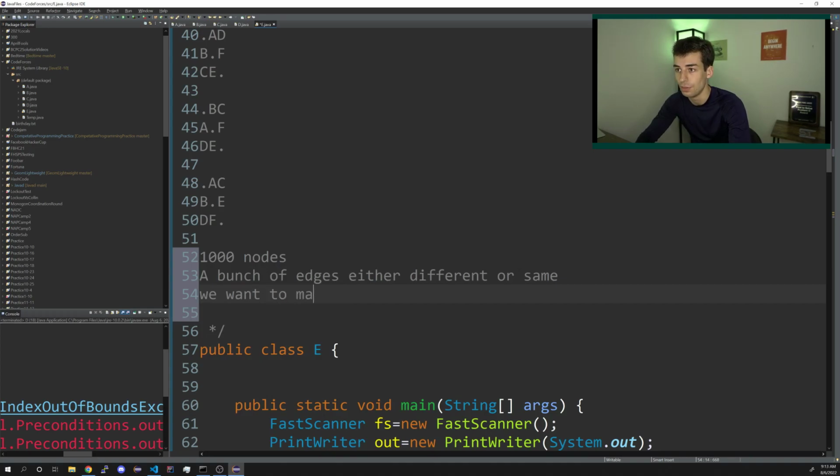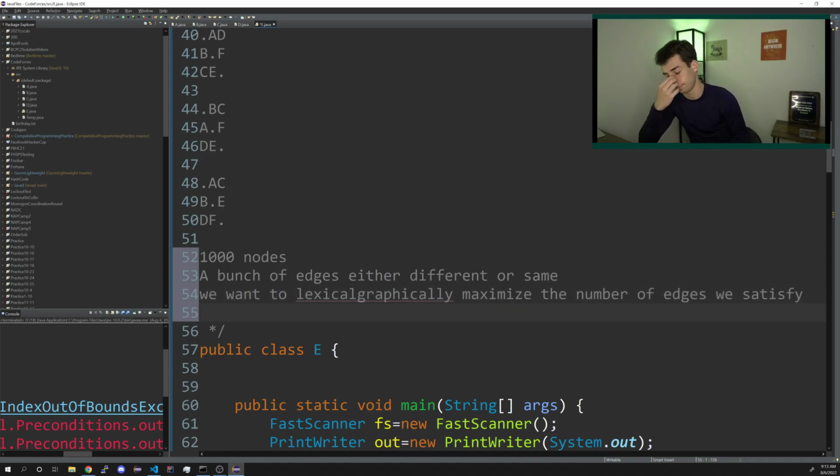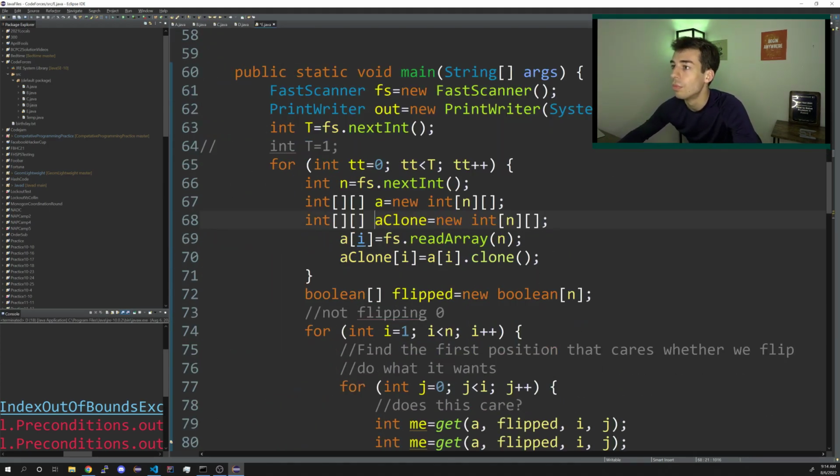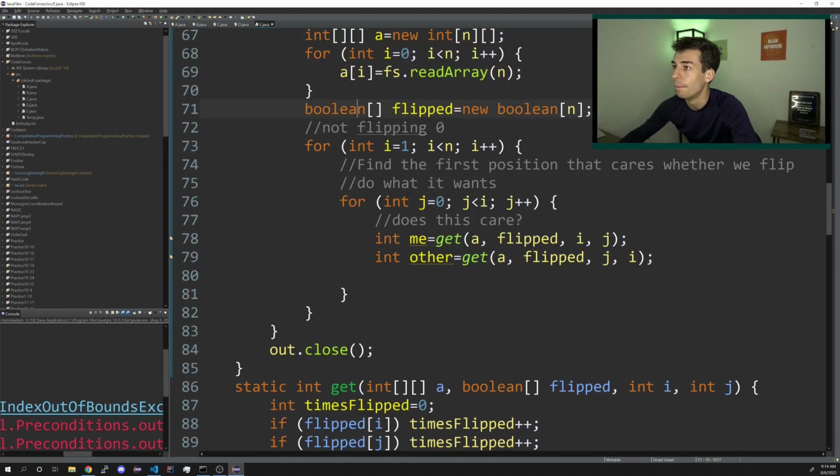And then we want to lexicographically maximize the number of edges we satisfy. Yeah, okay, so this is a decent amount easier.